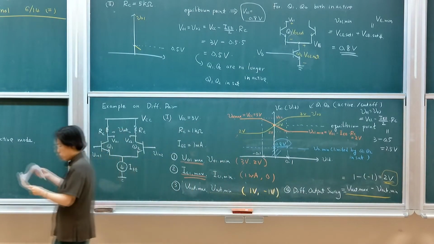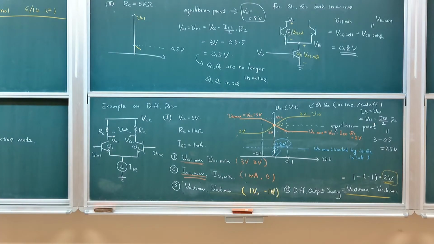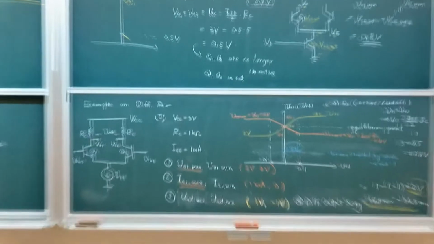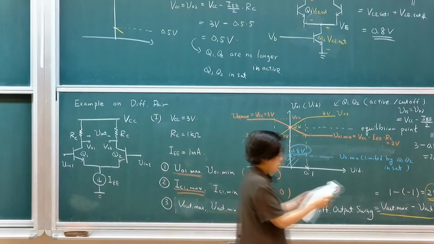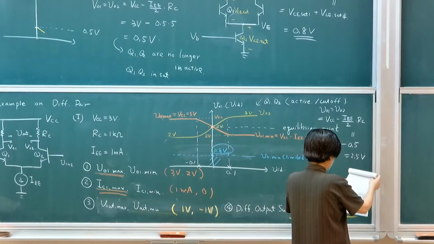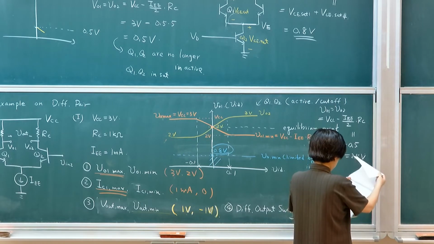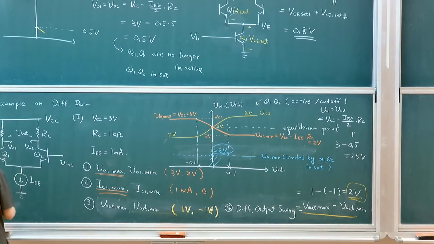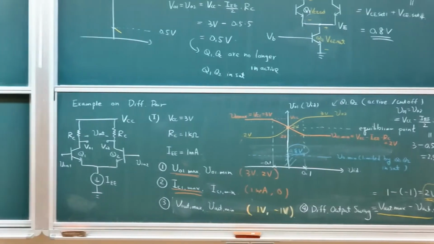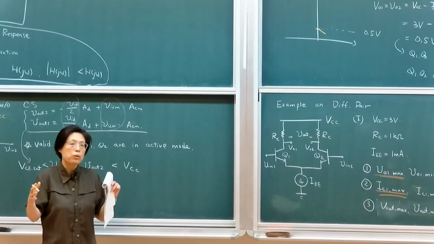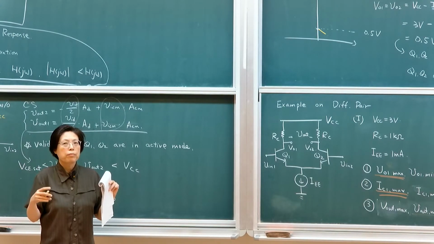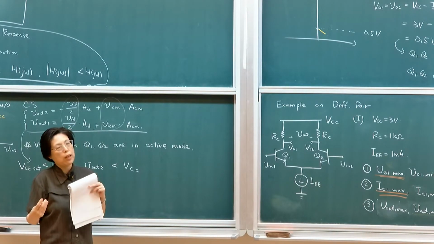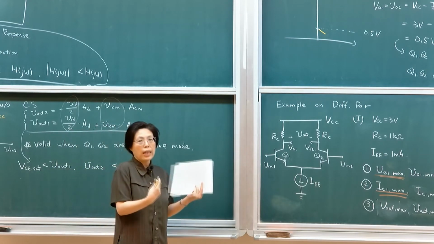So lastly, I wanted to go through another example. To give you a sense of the variations of the differential pair, I spent some time last week on the discussion of using an active mode to allow the gain to be maximum.